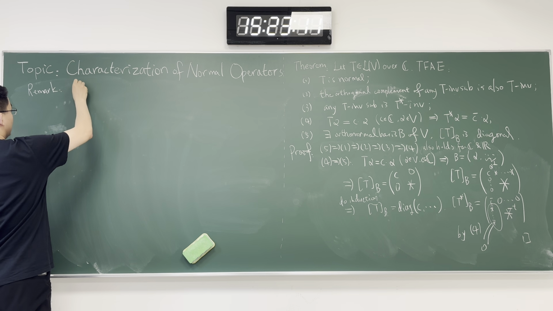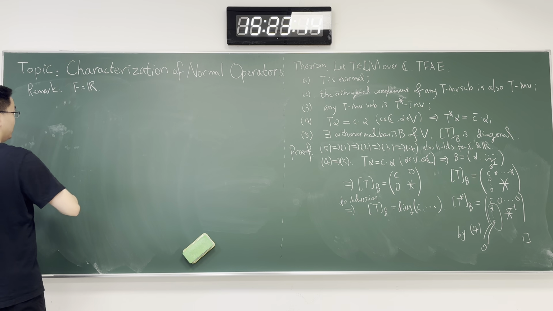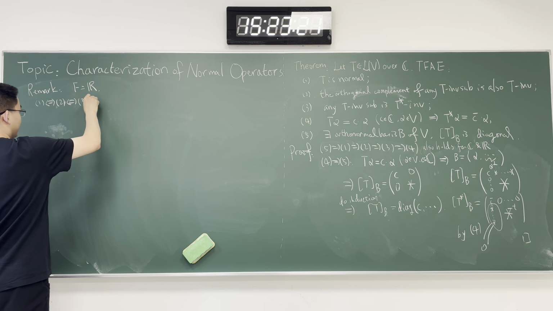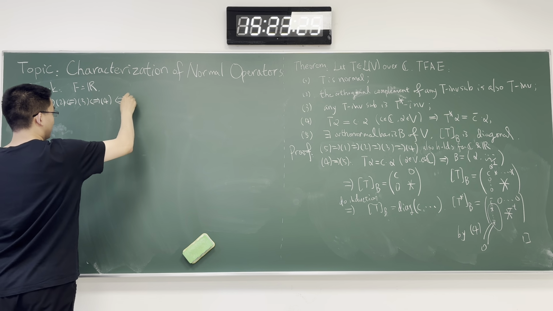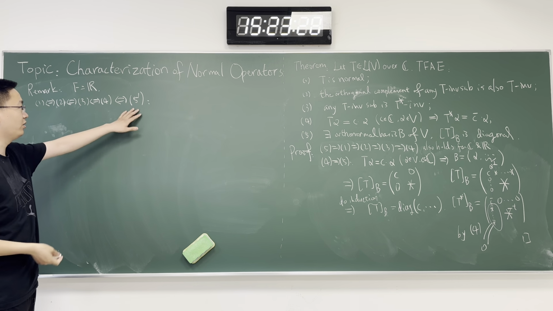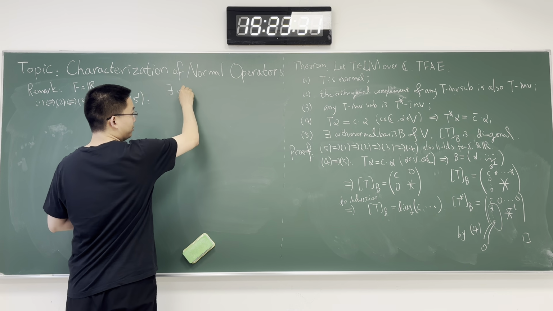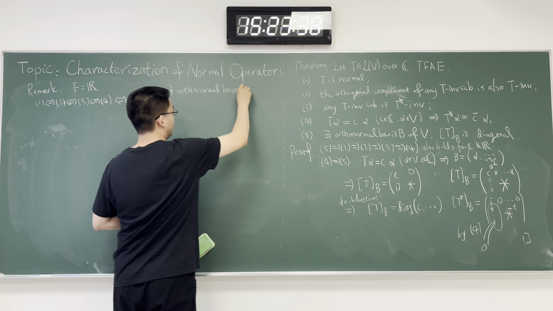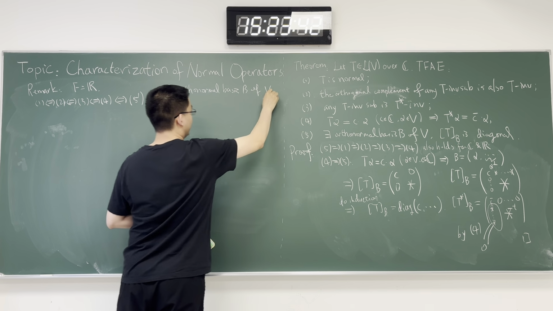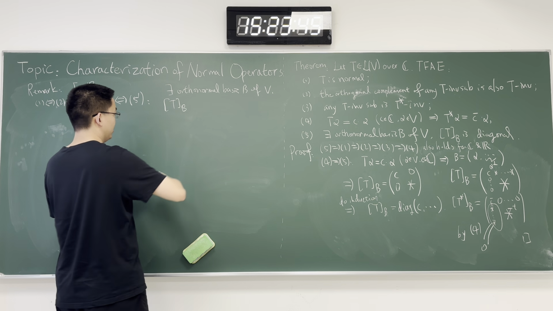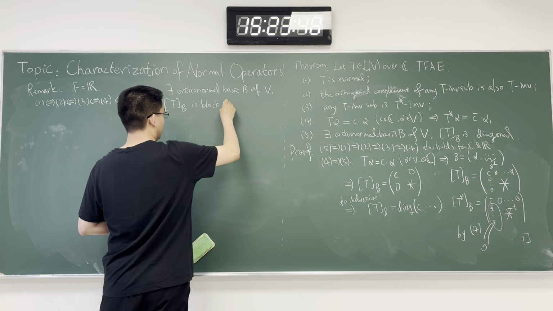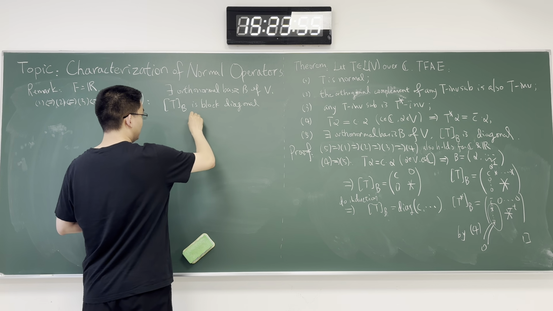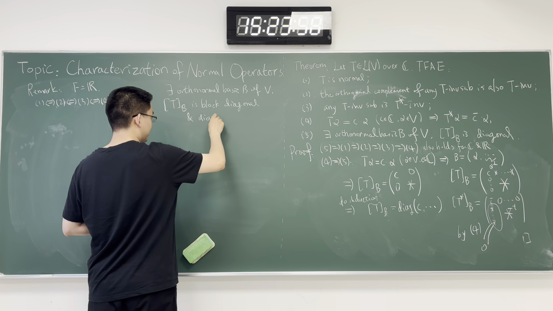If we replace C by R here, then all these statements are equivalent except the last one, and the last one, underneath the modification, say 5 prime here, is that there exists an orthonormal basis of V such that the matrix representation is of the block diagonal form, and each diagonal block is of order not exceeding 2.